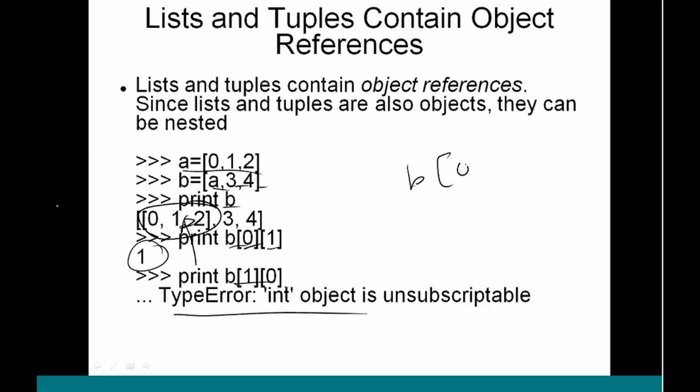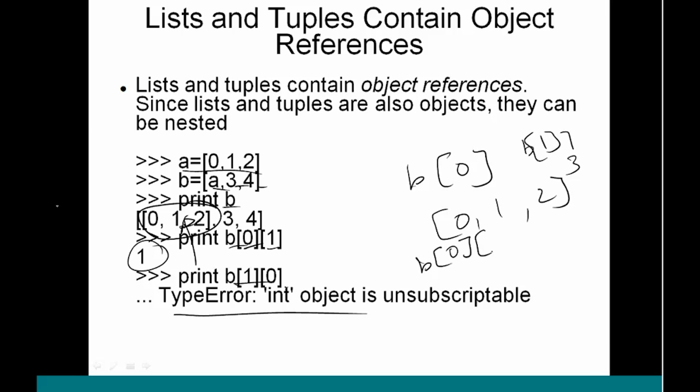If you just print B[0], that is [0, 1, 2], and B[1] is 3. So B[0][1] is actually this object, which is 1, whereas B[0][0] is just 0.